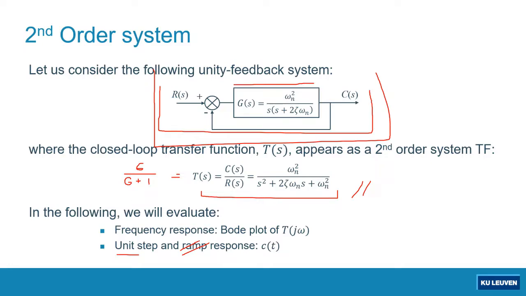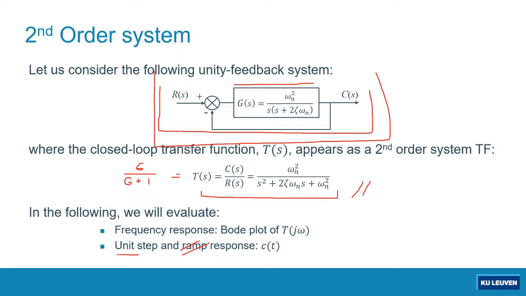If you still remember, a typical underdamped second order system's unit step response will have at least four or five features that we can identify. You still remember this from when we discussed second order systems in the previous few videos.